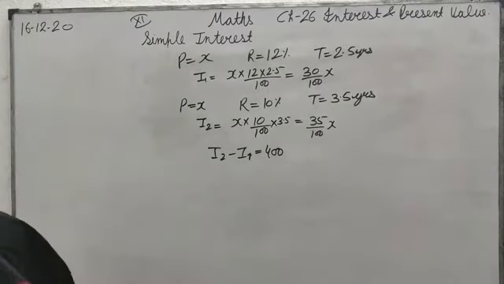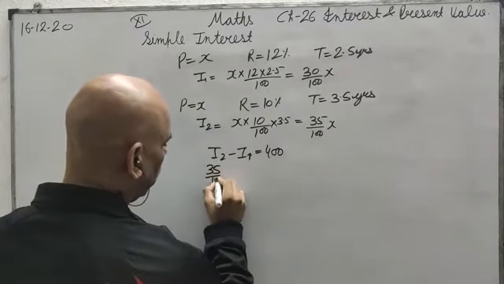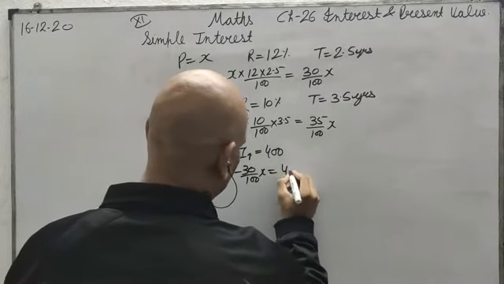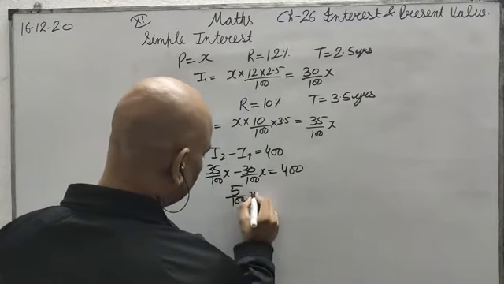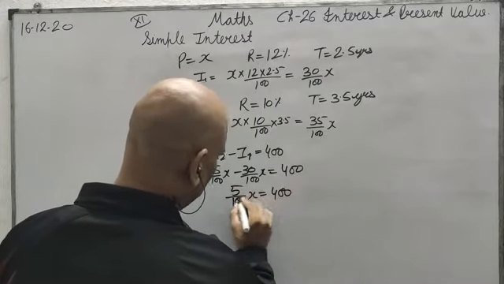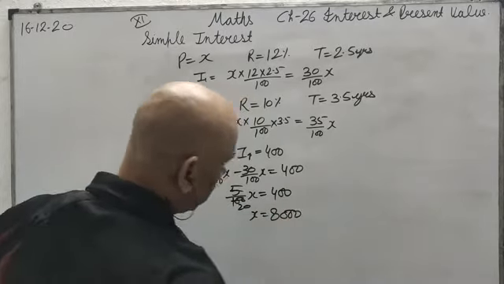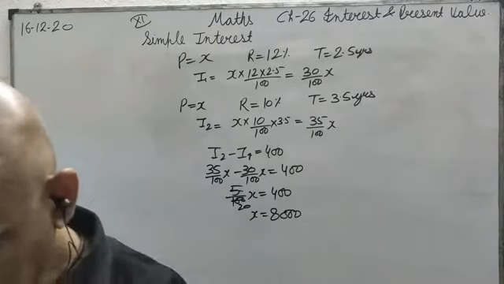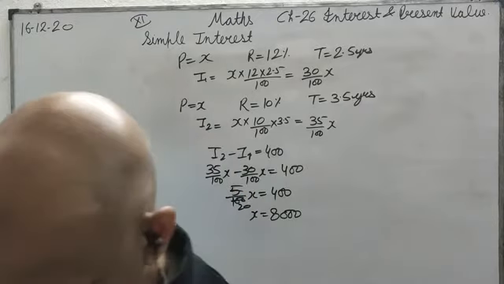So 35 by 100 x minus 30 by 100 x is equal to 400. 5 by 100 x is equal to 400. x is equal to 8,000 rupees. So the money which is lent out is 8,000 rupees.